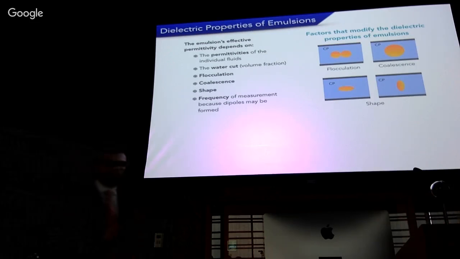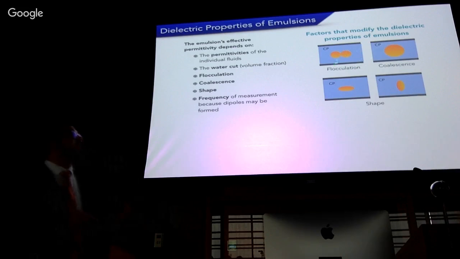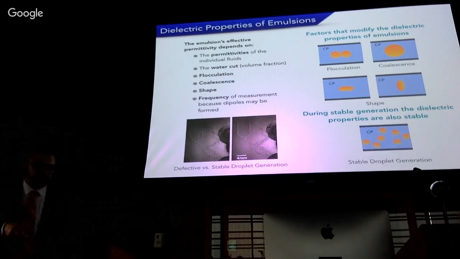One is the permittivities of the individual fluids. The other one will be the water cut, which is the volume fraction of water in the oil. Then you can have effects such as flocculation, coalescence, the shape. All of that affects the permittivity and the frequency in which you take the measurements.